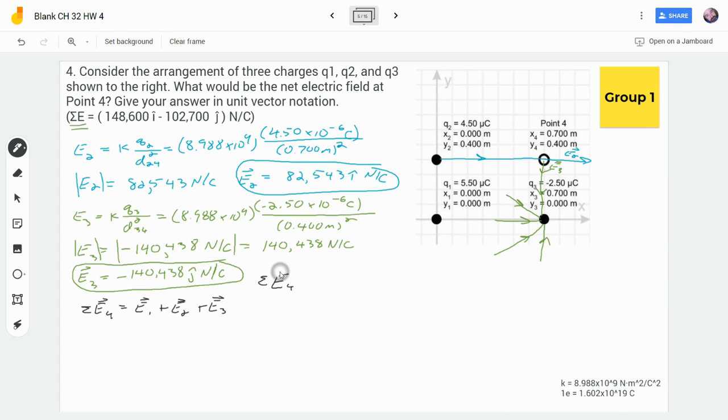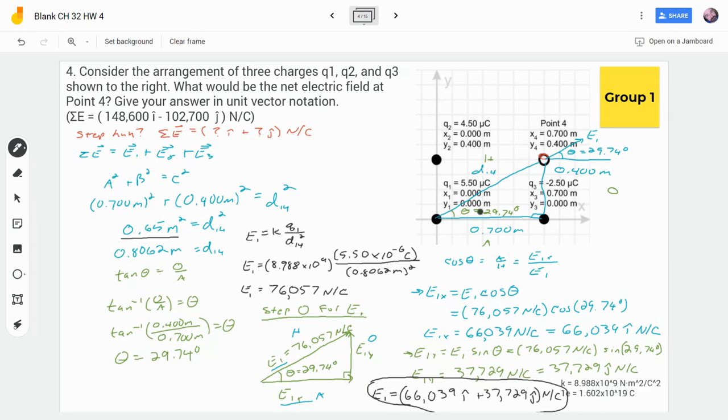Sigma E4 is equal to E1 plus E2 plus E3, and they would come down here like this. So what is E1? Remember, E1 is what we have over here. This was the long one.